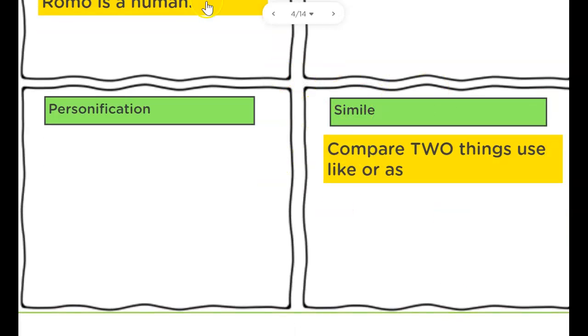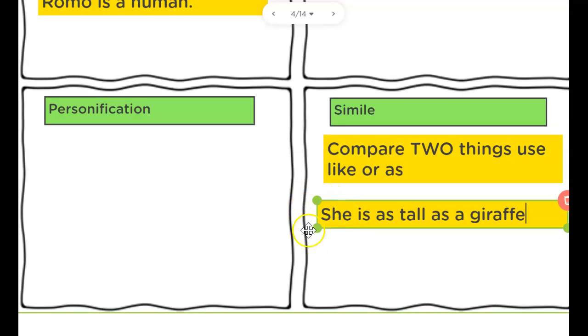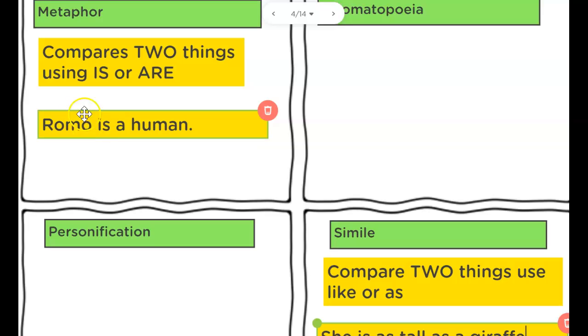So an example of a simile might be she is as tall as a giraffe. I'm comparing she to the height of a giraffe. Here I'm comparing Romo to a human. I'm comparing two things.